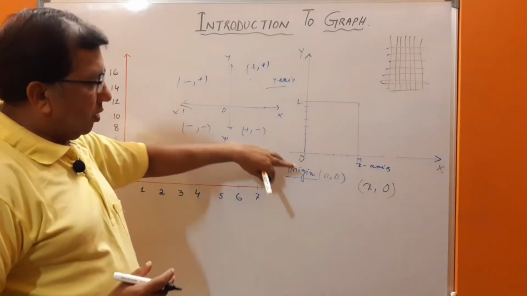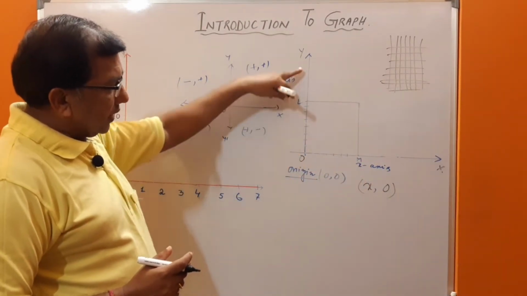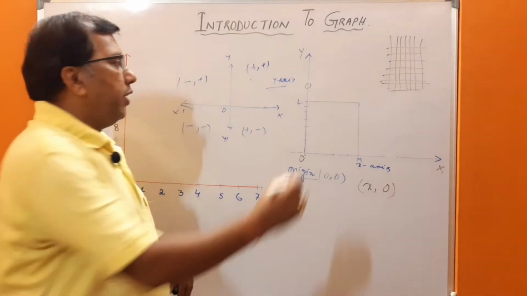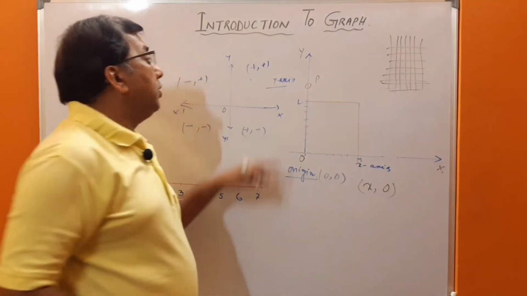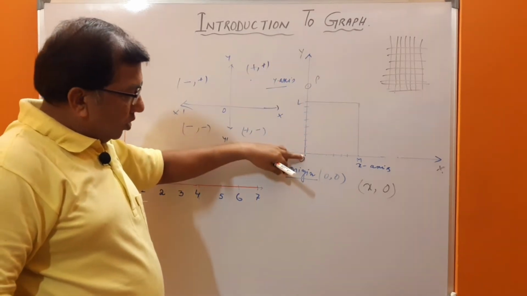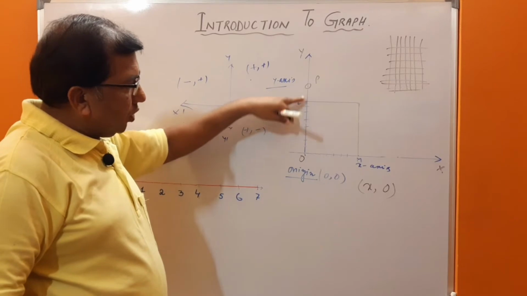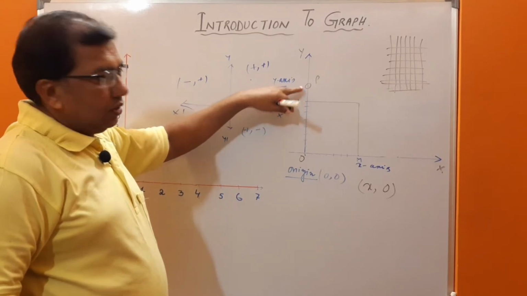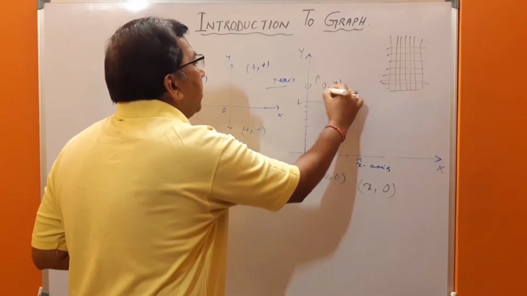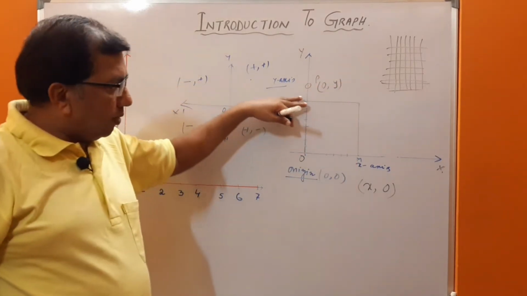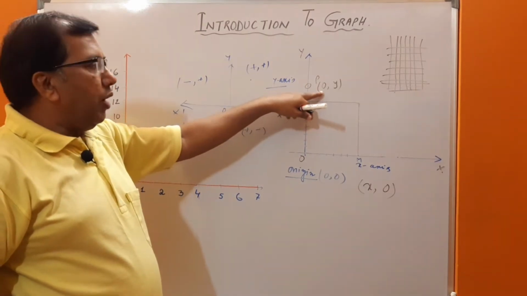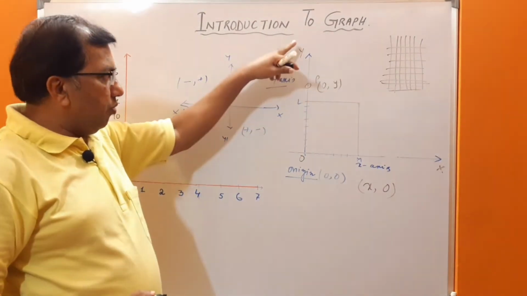Same case in the y-axis. If any point P is on the y-axis, इसमें y का coordinate क्या होगा? That means 0, then something you have to go upward. That means value of x equals to 0, then y has some value. x का value कितना? 0. और y का value will be something positive or negative.